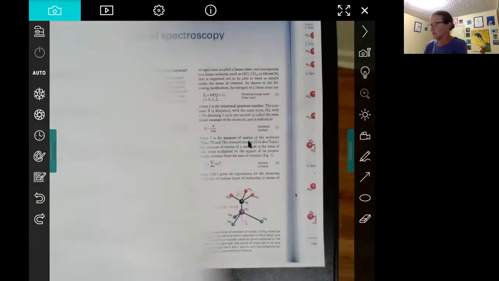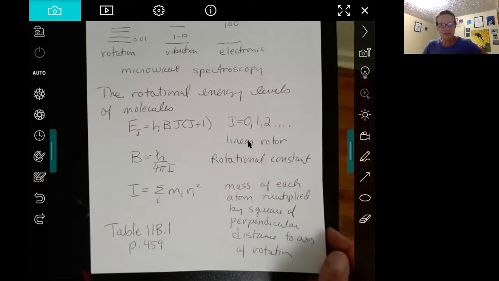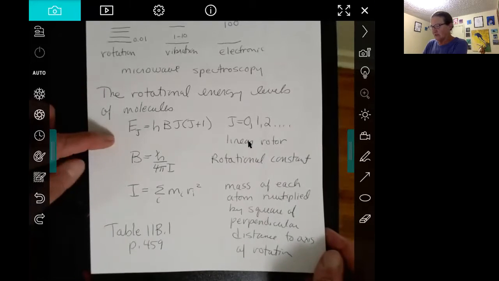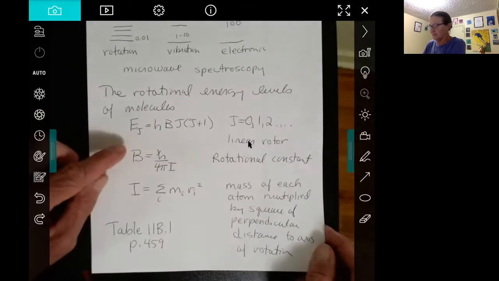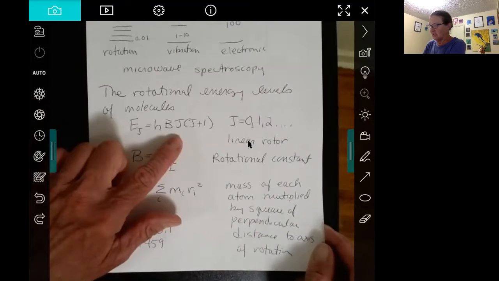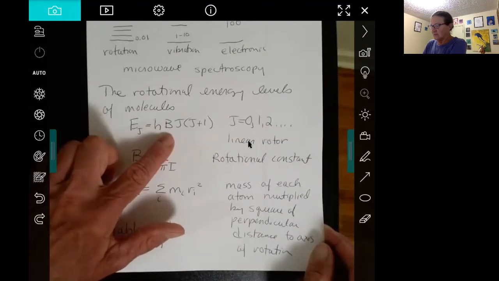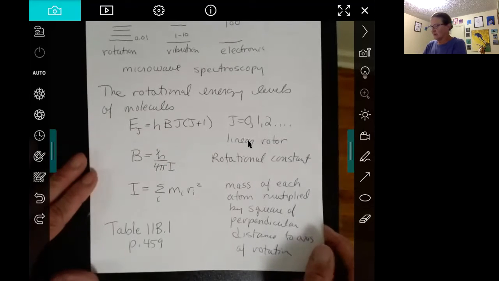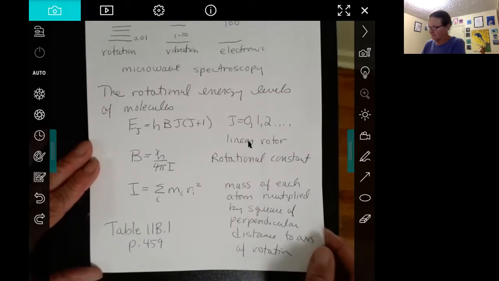If we have a linear rotor, something like H2 or CO2, any linear molecule, if we look back at chapter 8, what we saw was that the energies are quantized and that the energy values at any J, which is the quantum number, are equal to hB times J(J+1), where B is a function of the properties of the molecule. J can vary from 0 to infinity. When J equals 0, the energy is 0, so your molecule can stop rotating. That'll be the ground state, and it goes up in energy from there.